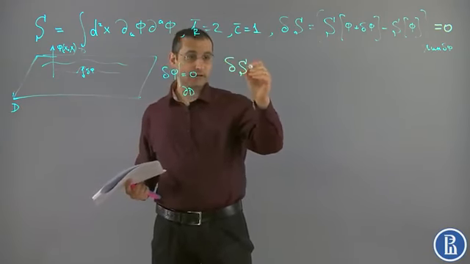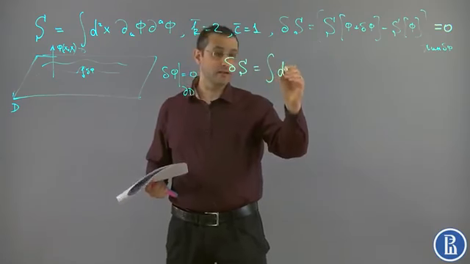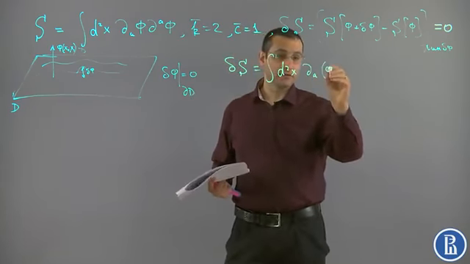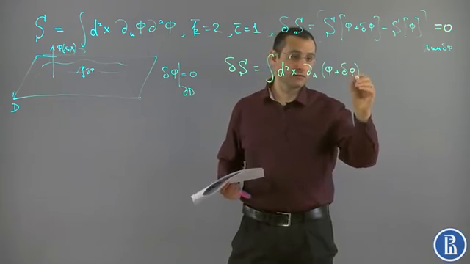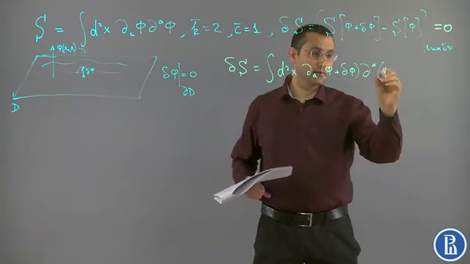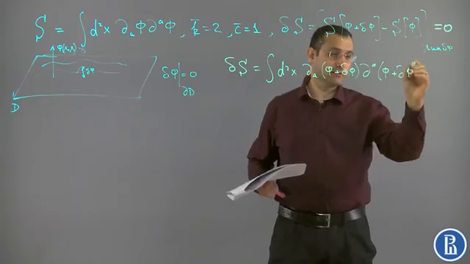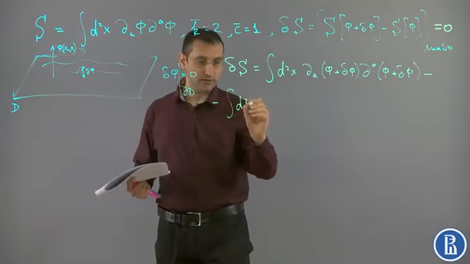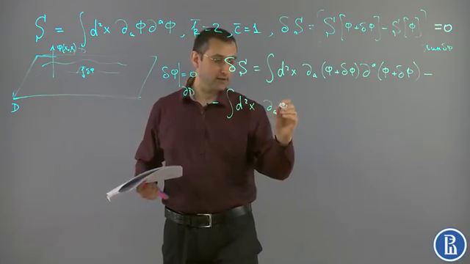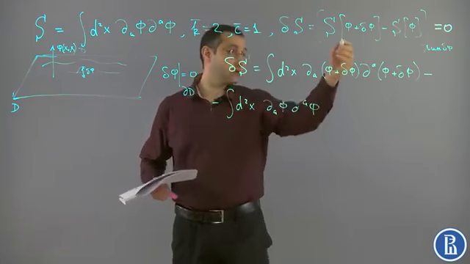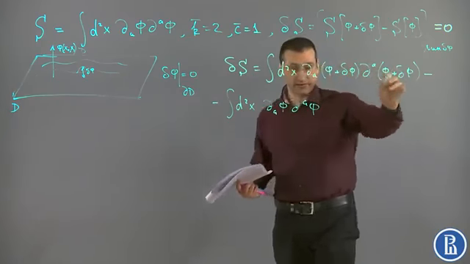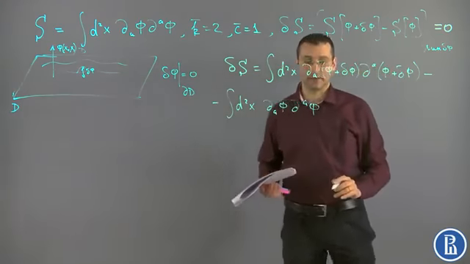Delta S is then just the integral d²x of ∂_A(φ + δφ) ∂^A(φ + δφ), minus the integral over d²x of ∂_A φ ∂^A φ. We have just written this difference, and we remember that we want to find it to linear order in delta phi.